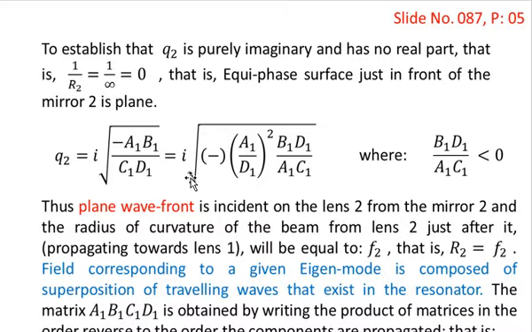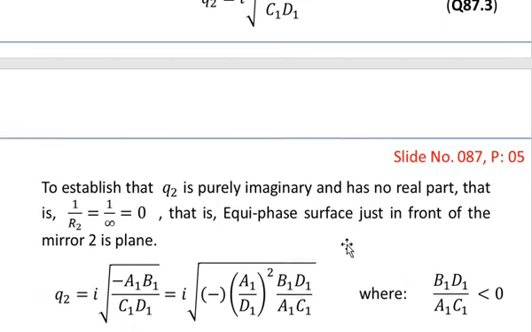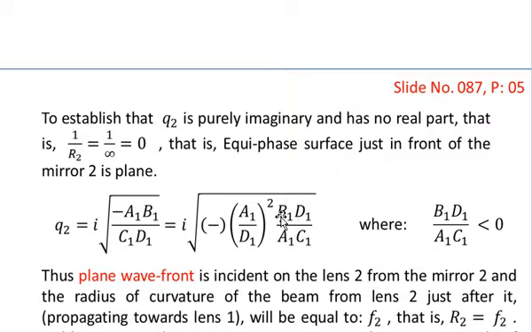This can be written as iota times the square root of minus, multiplied by the square of A1 over D1, and then multiplied by B1 D1 over A1 C1. We have actually reproduced this term B1 D1 over A1 C1 because this term was present in the definition of Q1. That's why I have reproduced this term by introducing an extra term, A1 over D1 whole square.